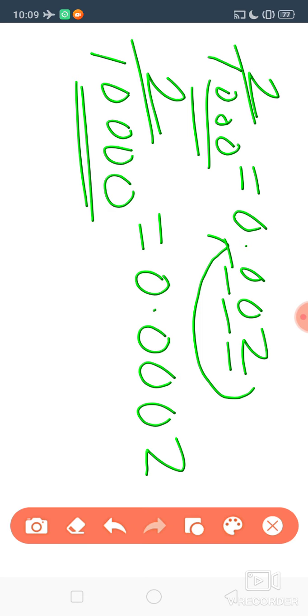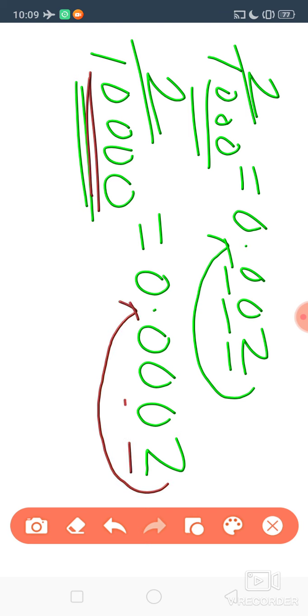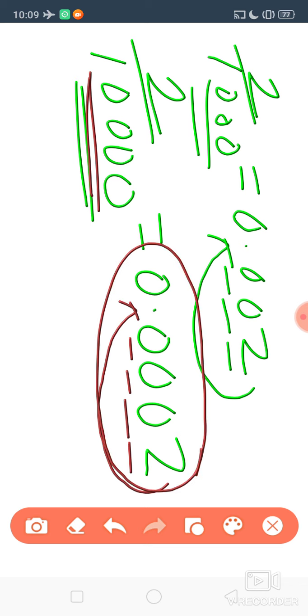You can see 4 zeros are there in the denominator, so the decimal is shifting 4 digits left: 1, 2, 3, 4. Okay, so in this way we can write in this form.